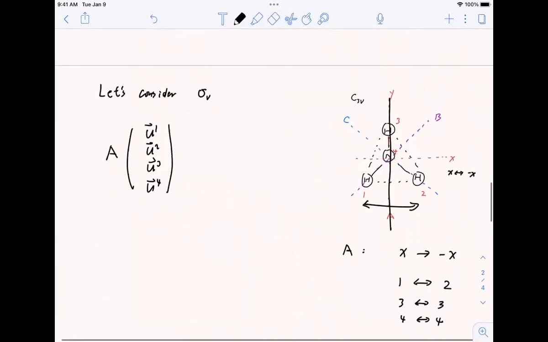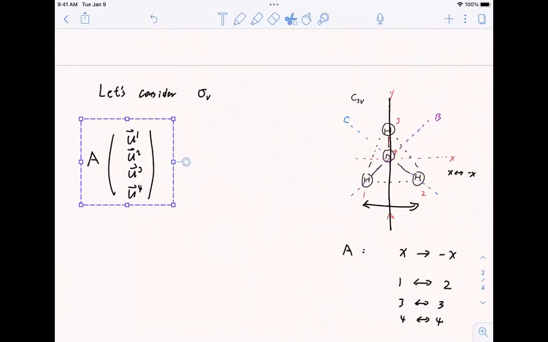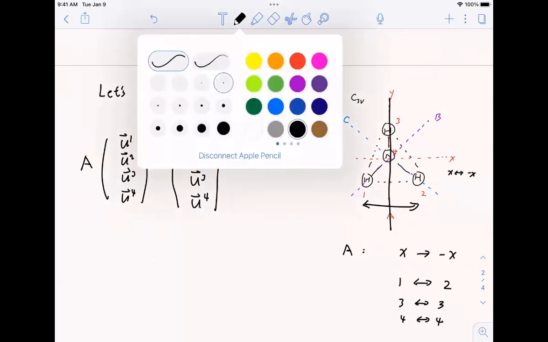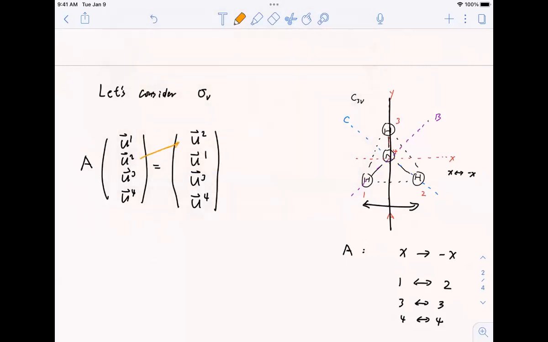So this thing will become, so each of them is going to transform. First, U2 and U1 will exchange. This one will go here, this one will go here.